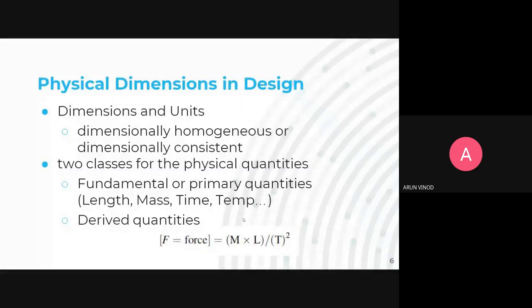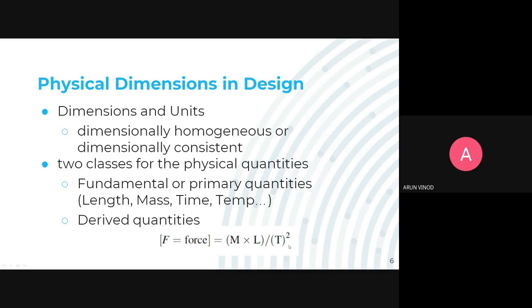This is actually the formula for force, but it is somewhat different. What is the formula for force? Force is equal to mass into acceleration. What is acceleration? Change in length by change in time.